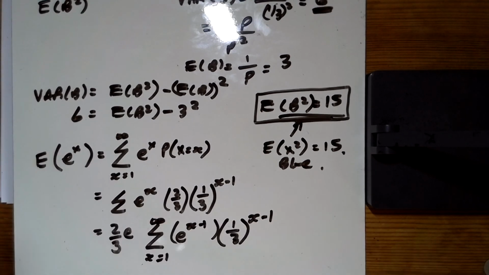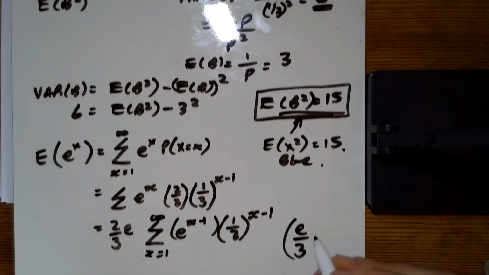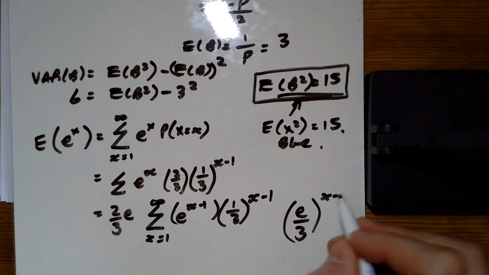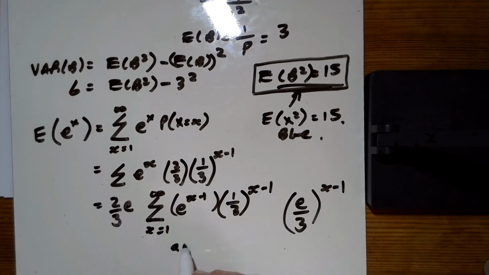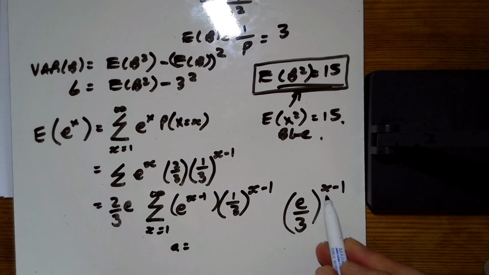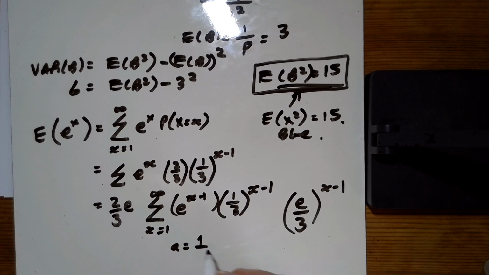Well, look, that's now just an infinite sum of e over 3 to the power of x take away 1. So it keeps going up. First term of that one there is to the power of 0, so that's just 1. Each time it goes up is e over 3.